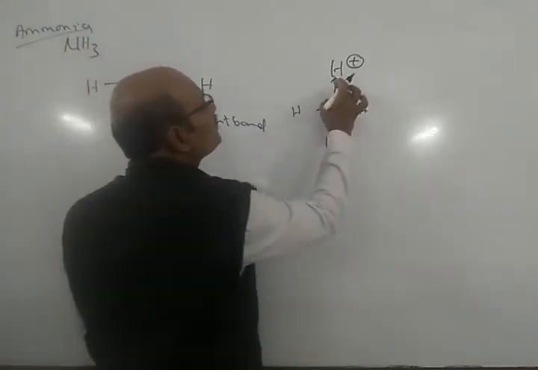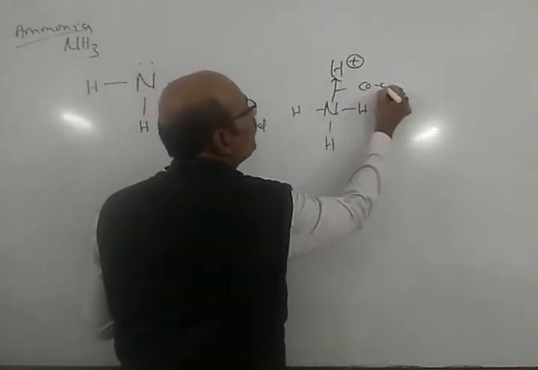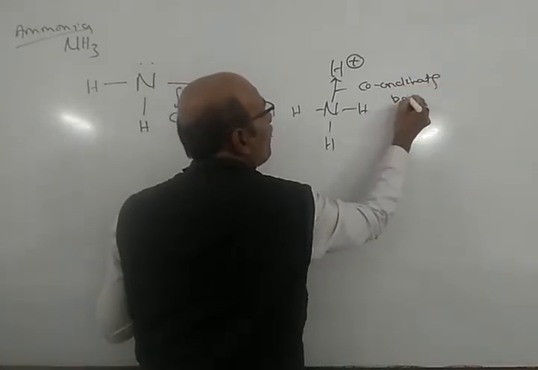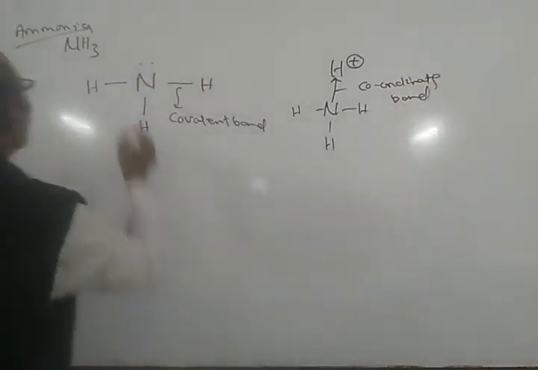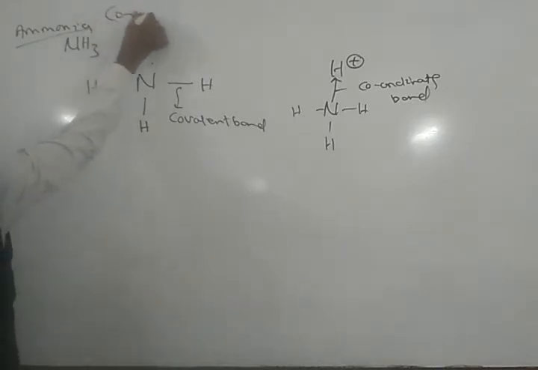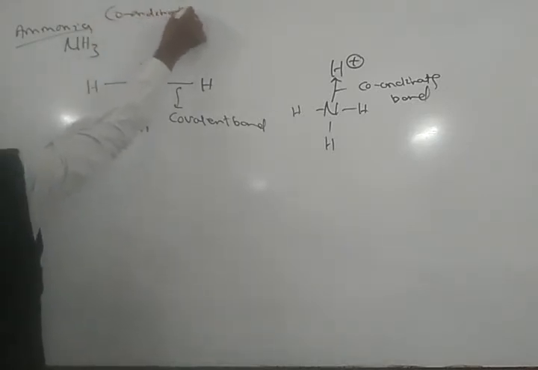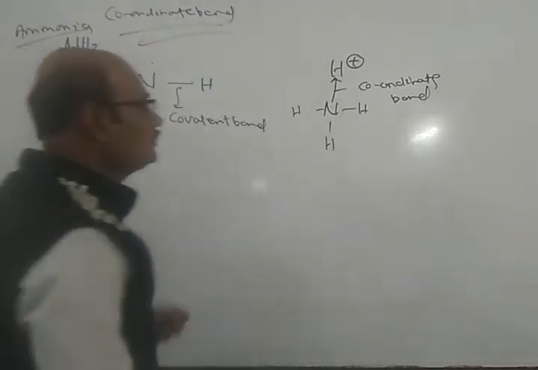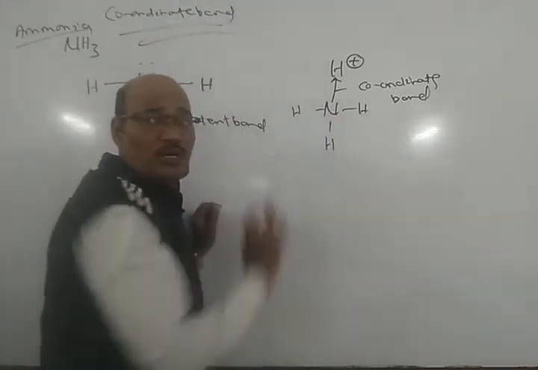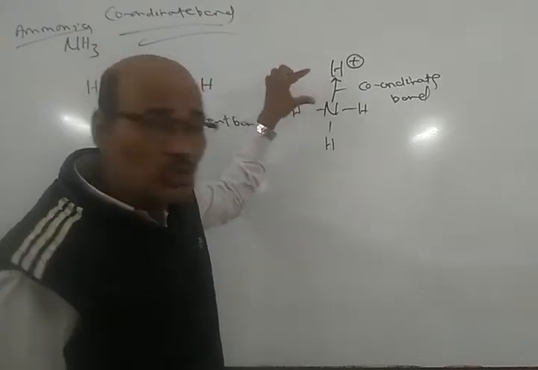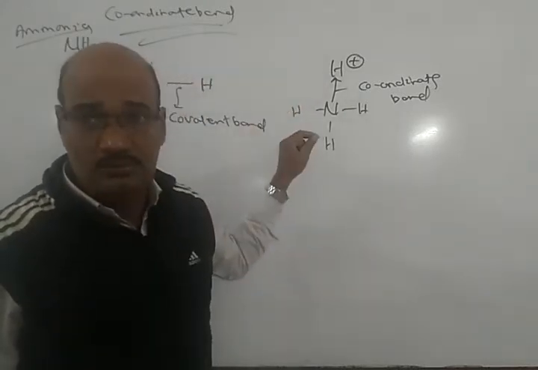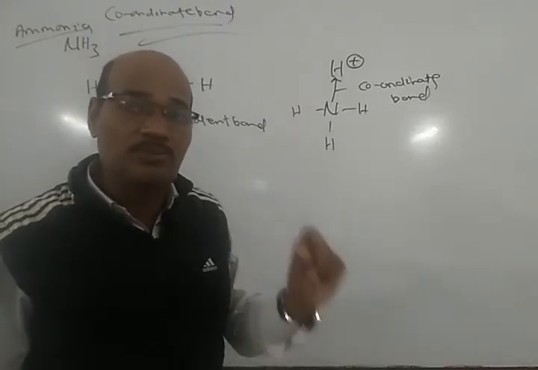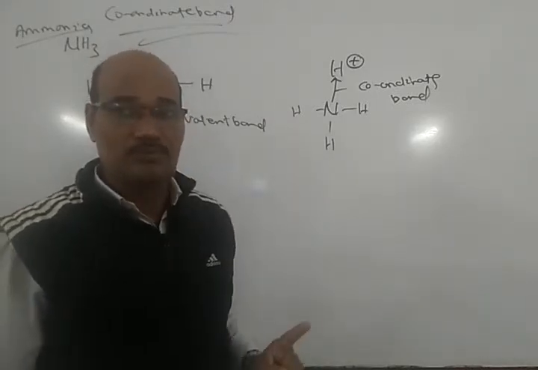So this bond is called the coordinate bond. In this coordinate bond, an electron pair is shared, but both the electrons are from only one atom.